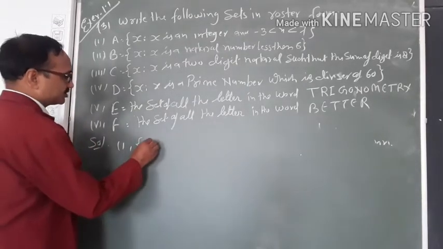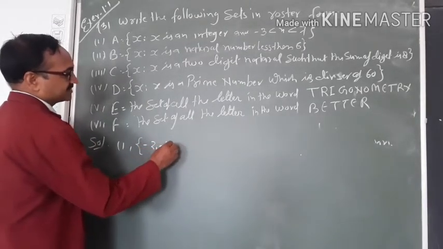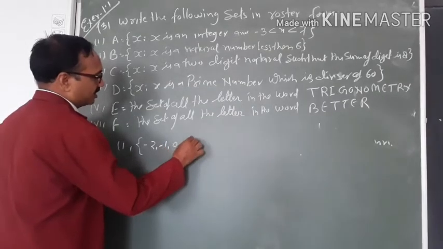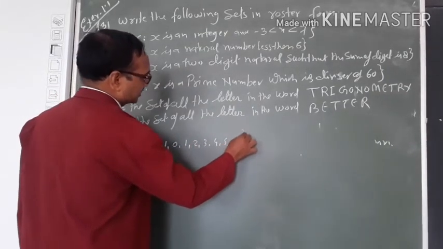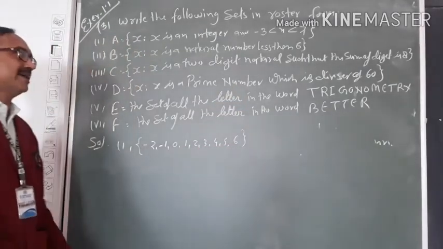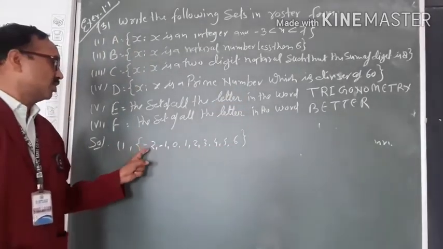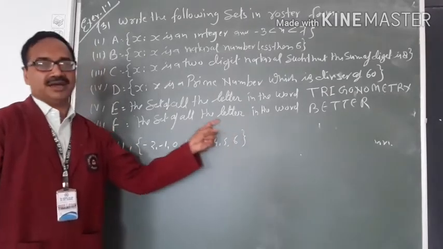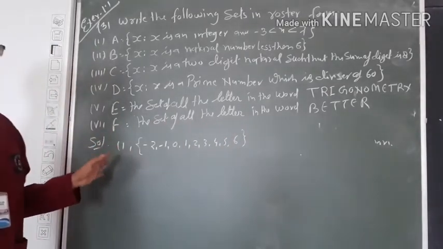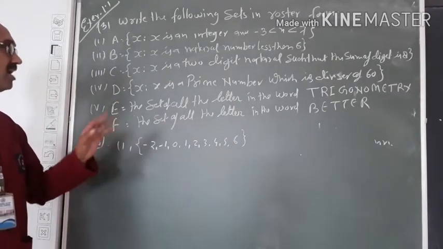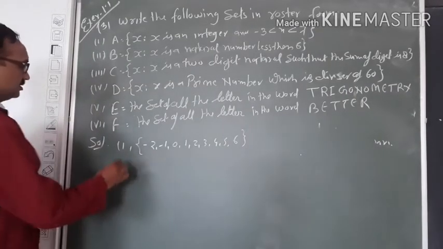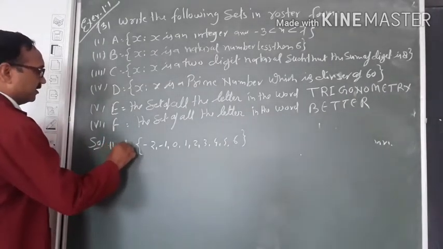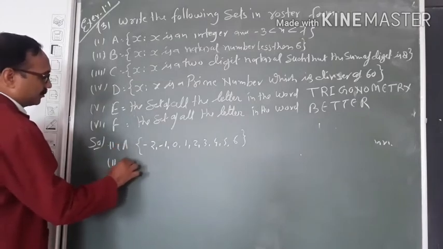So you put minus 2, minus 1, 0, 1, 2, 3, 4, 5 and 6. Between minus 3 and 7 you write all the integers in a set and no integer is repeated. So it is the roster form of the first part. This is first part A. Now, second part B.